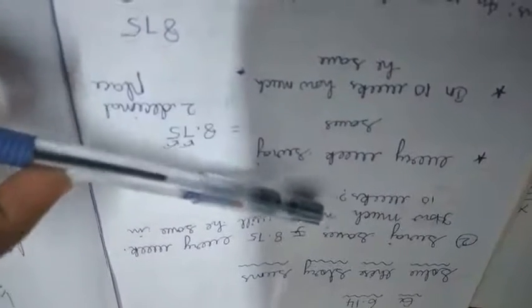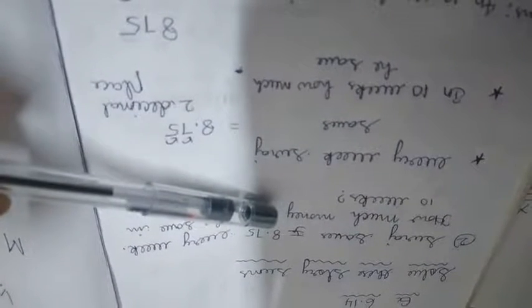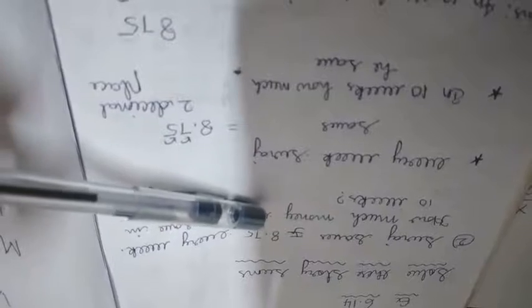Suraj saves 8.75 rupees every week. How much money will he save in 10 weeks? In every week Suraj saves 8.75. Got it? We are going to find out how much he saves in 10 weeks.